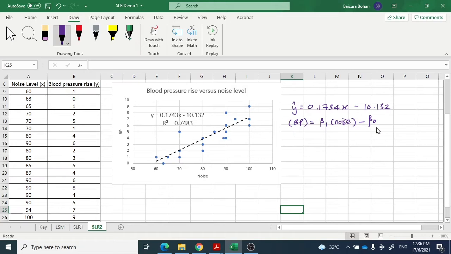Okay, so the beta naught is the intercept and beta 1 is the slope. As you might have noticed, it's the negative sign of the intercept, beta naught.